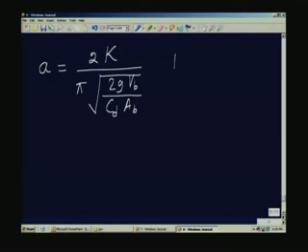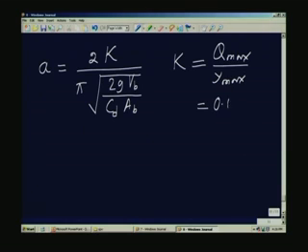And what is K? K into Y is equal to Q, that is the formula. Therefore, K into Y max equal to Q max. Therefore, K is nothing but Q max divided by Y max. Both of them are given, and the value of Q max by Y max comes out to 0.022.